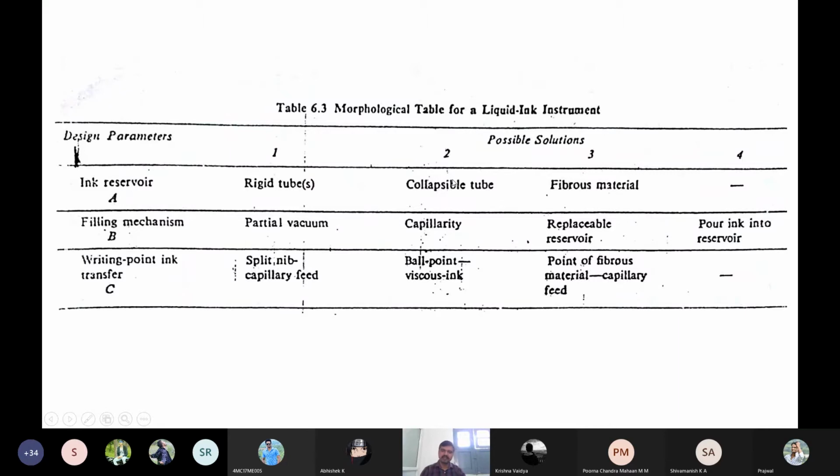Again, these solutions may throw further problems. If you consider rigid tube, again, the material of the rigid tube, whether that is disposable or whether that is eco-friendly. So there may be further problems related to this solution. Like that, most of the solutions may have their own problems.